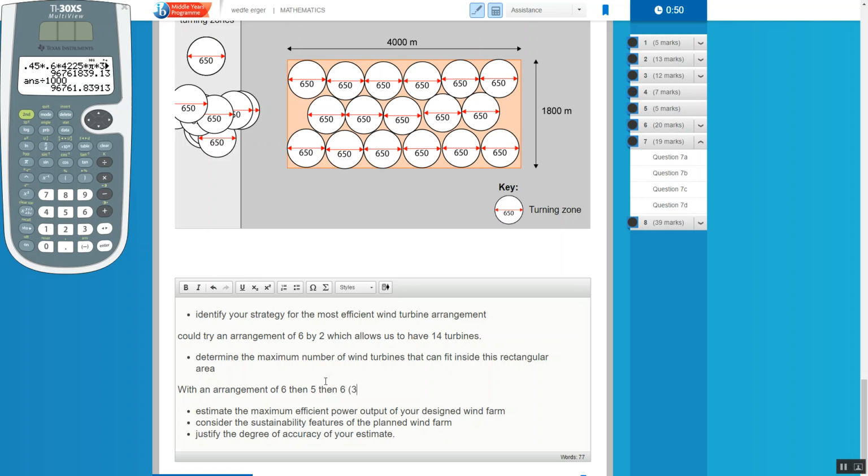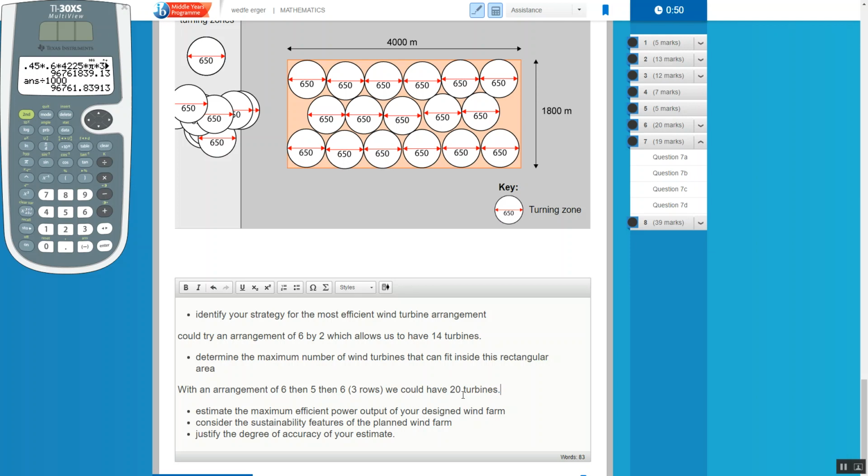So that's 3 rows. We could have 1, 2, 3, up to 20. And if you put 14, you would still get the 2 marks.